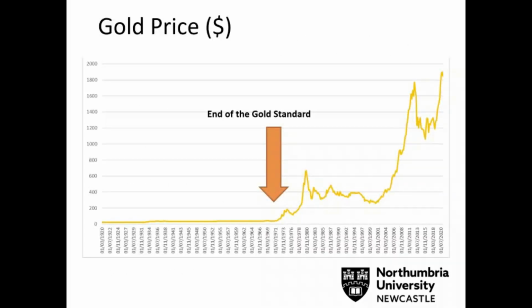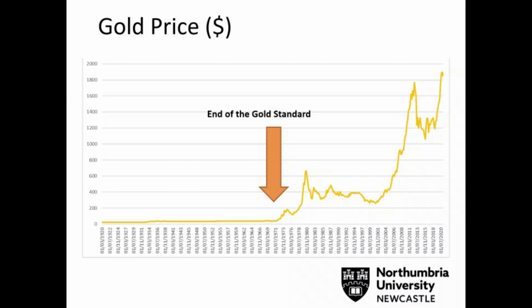And just to give you a sense of this, you can see when the gold standard was abolished and that gold was no longer pegged to the value of the dollar and vice versa, you can subsequently see what happened to the price of gold. Because gold is now on a more floating exchange rather than being pegged to the dollar, fixed at $20, you can see the growth in the gold price ever since.